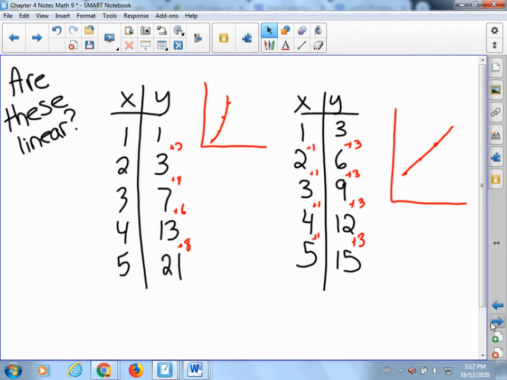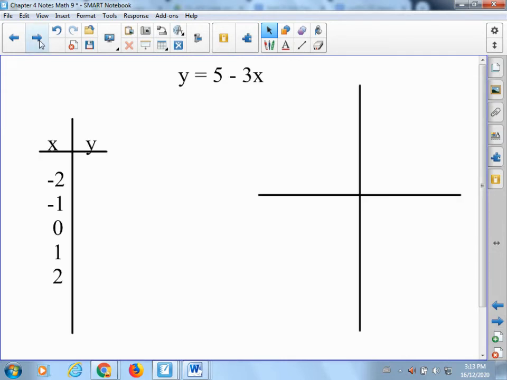Okay, so the little hint that helps you out: if there is a set pattern in the x and the y, it will make a linear relationship. This will also help you to see if you were doing things correctly or not, because if it tells you it is linear and you get a picture that is not, then you know that you made a mistake somewhere and you can go back and correct it.